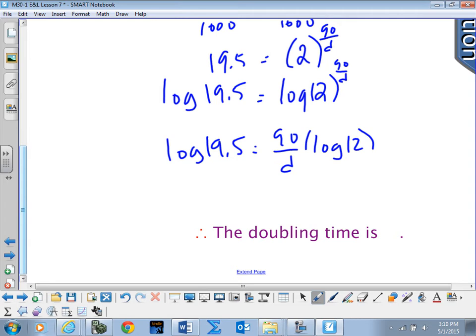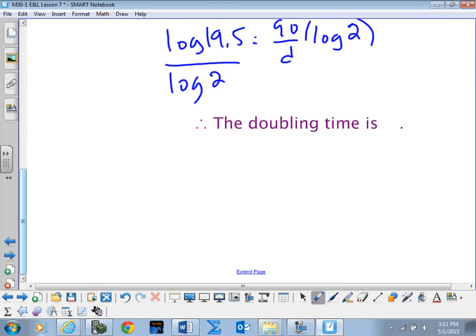Now when the denominator is the unknown, I think what I'll do here is divide by the log. See, that is log 2. I really didn't need a bracket there because it's throwing me off, but let's put this in the calculator. And log 19.5, close bracket, divided by log 2, close bracket.